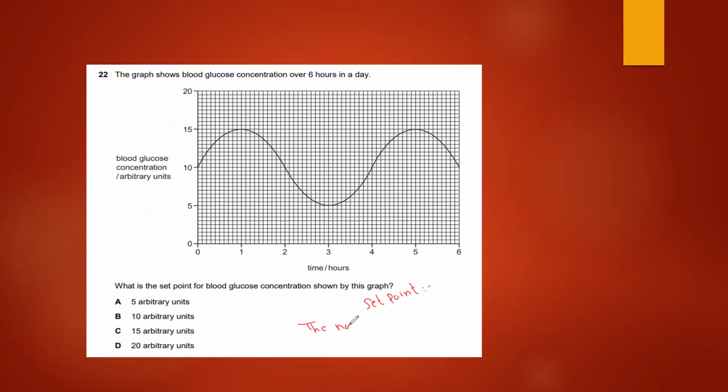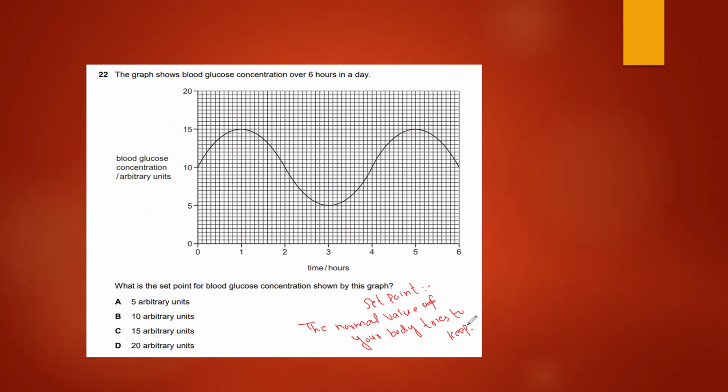The normal value your body tries to keep, a constant environment which should be maintained in our body. So this is called the set point, and the set point in homeostasis is the normal value your body tries to keep.